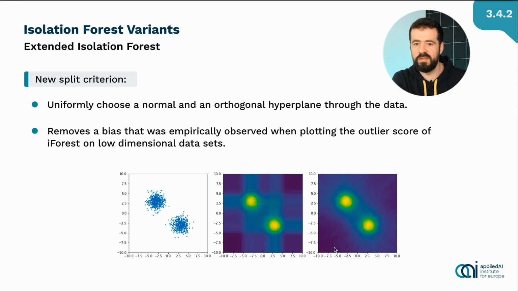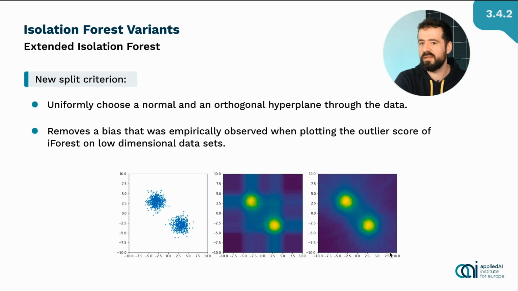On the right, you see the result that we got from the extended isolation forest. In this case, the result looks much closer to what we would expect to get from a KDE, for example. There is certain evidence that the extended isolation forest does not scale as well to higher dimensions as the original implementation does.